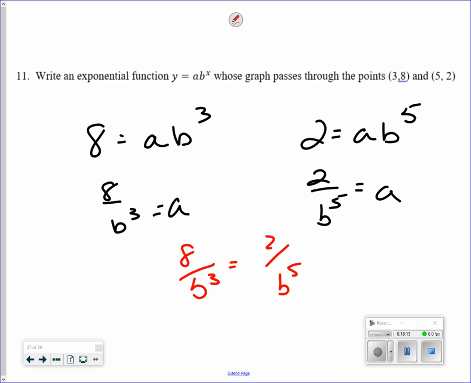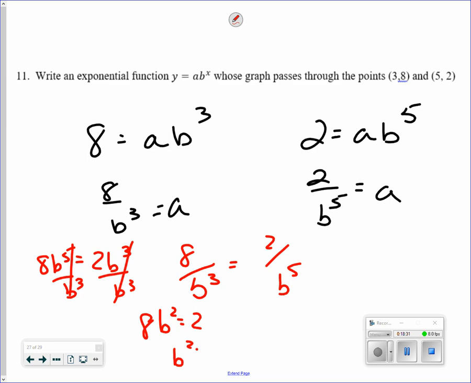Cross multiply. So 8b to the 5th equals 2b to the 3rd. Always divide by the smaller b value. So 8b squared equals 2. B squared equals 1/4. B would equal 1/2.